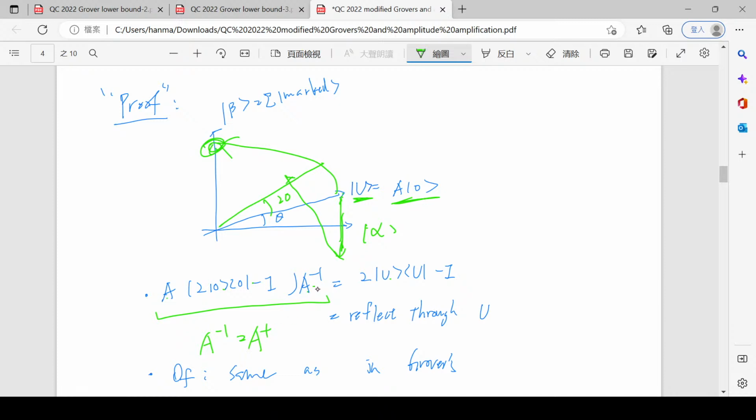So this is actually A dagger 0, that should be U bra. So this term becomes 2 U ket U bra, and obviously A times identity times A minus 1 is just the identity. So this is 2 times the projection on U minus 1, and that's a reflection through U.